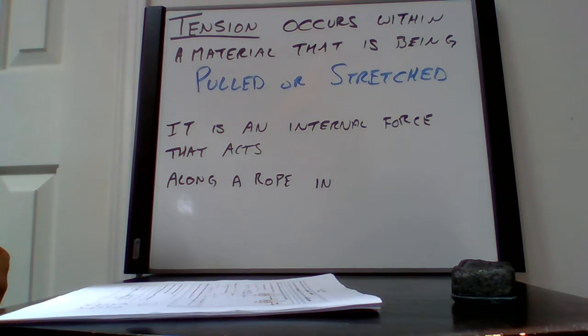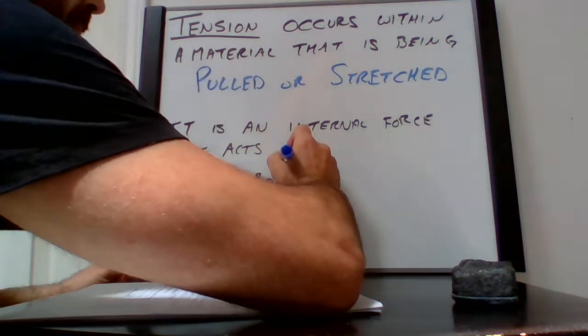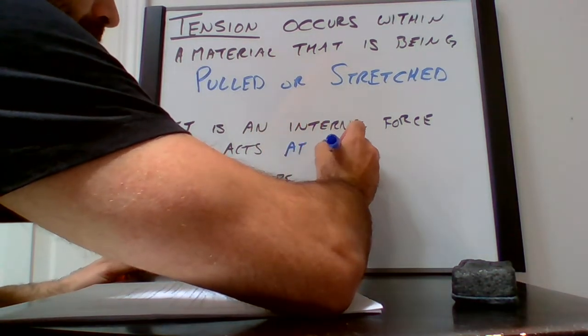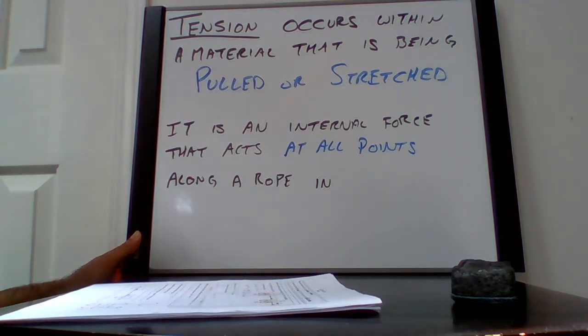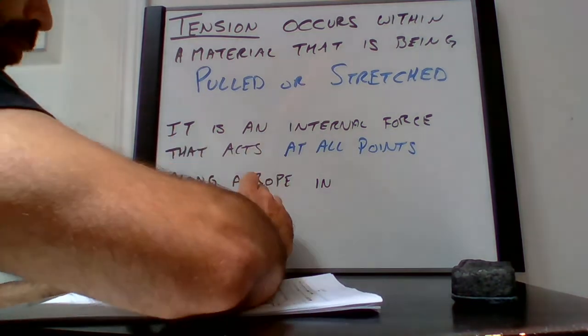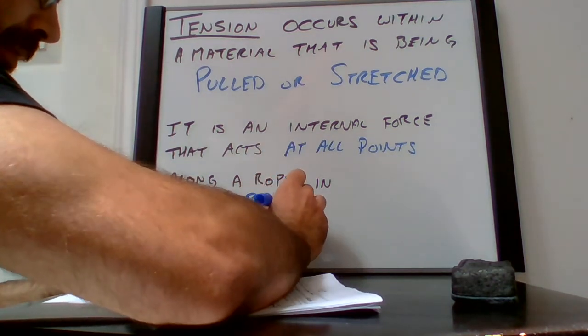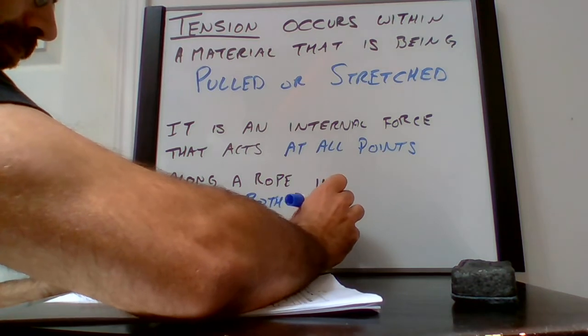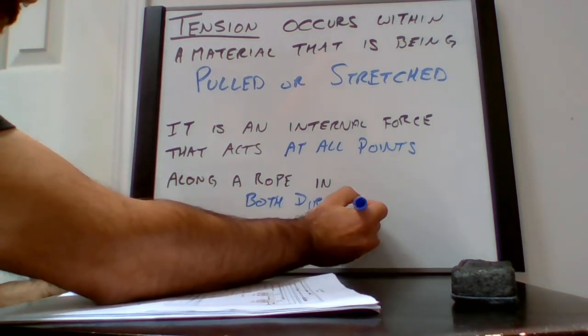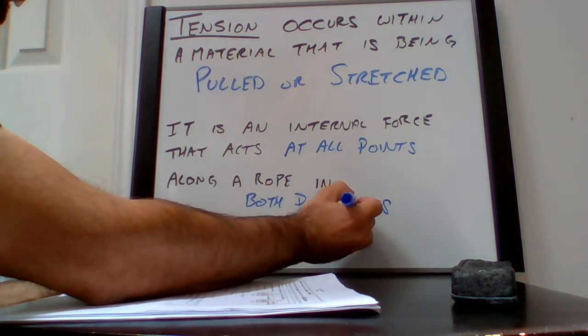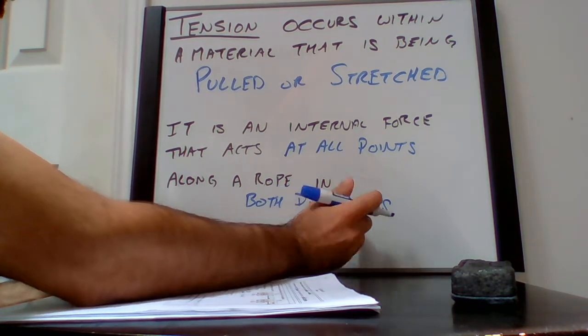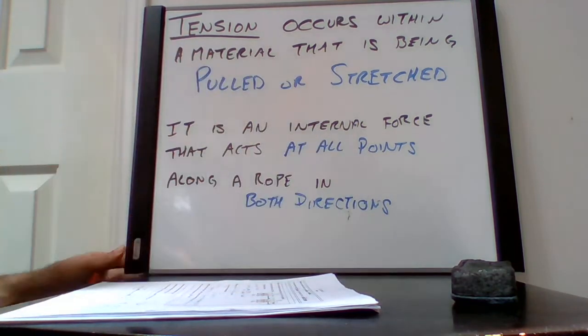It is an internal force that acts at all points along a rope, string, or chain, and it acts in both directions along that rope, chain, etc.